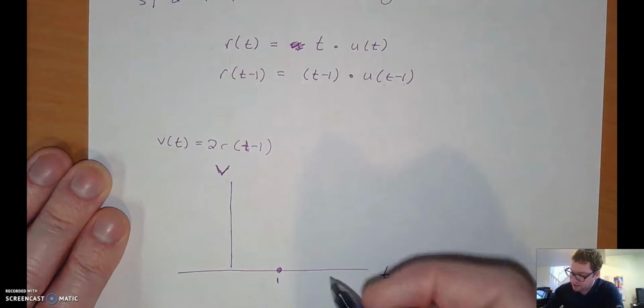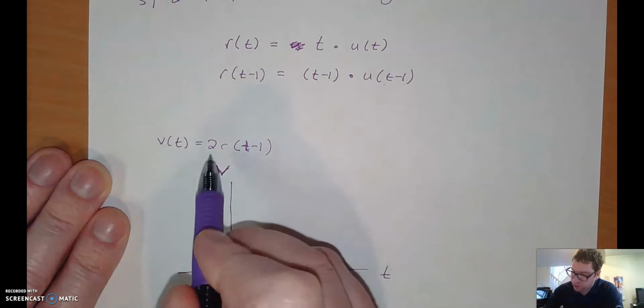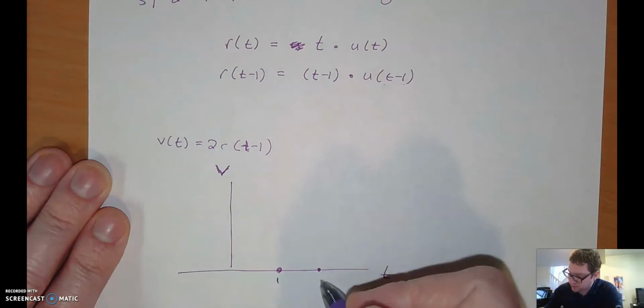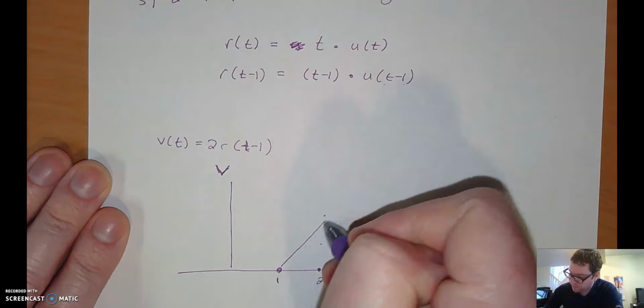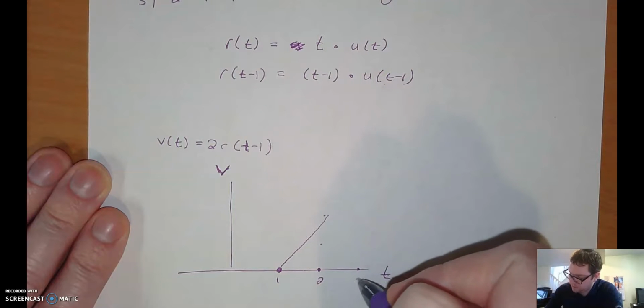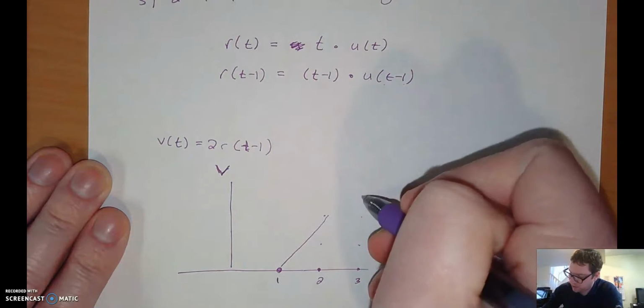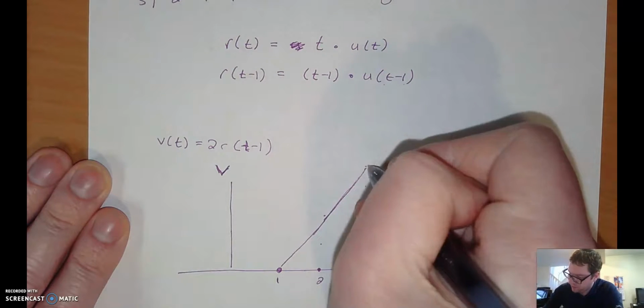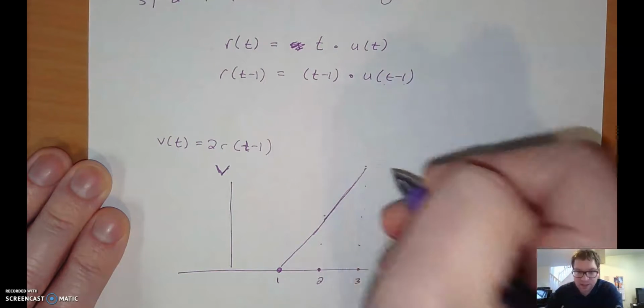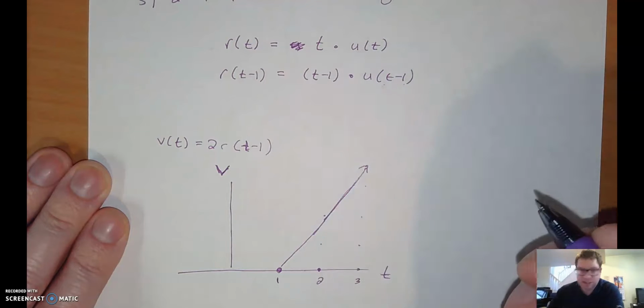We know this has a slope of 2. So at 2 seconds, we're going to go up 1, 2. And then I'll do one more at 3: 1, 2, 3, 4. This will just keep going because it doesn't actually stop ever.